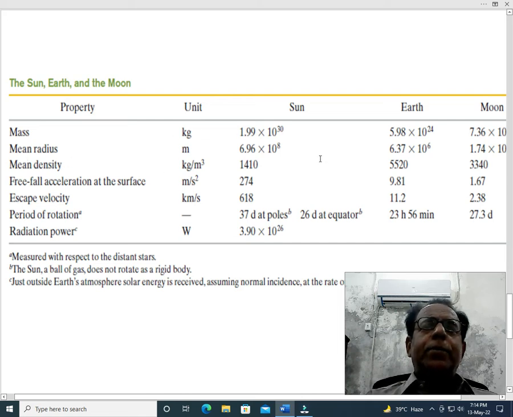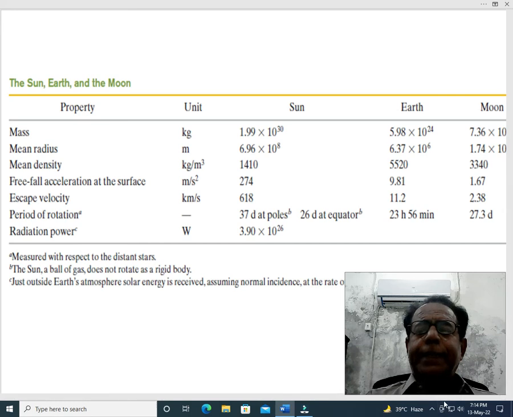Mean radius of sun is 6.96 into 10 raised to the power 8 meter. Mean density of sun is 1410 kilogram per meter cube. So dear students, we will use these three values in this problem.